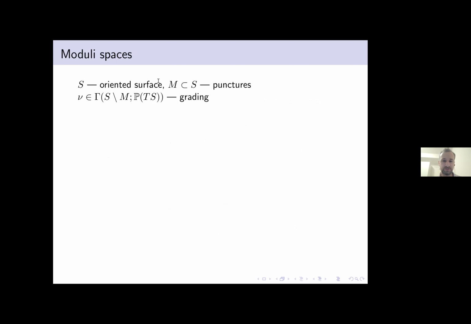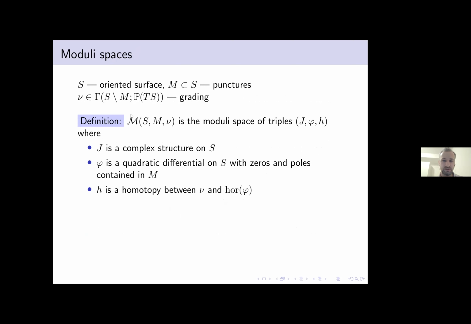Again, we fix an oriented surface, some punctures, this grading structure, and then there will be some moduli space of quadratic differentials which are compatible with this. Remember, we also vary the complex structure, and it's a quadratic differential which has its zeros and poles in M. And you want a homotopy also between this given grading foliation and the horizontal foliation of phi.